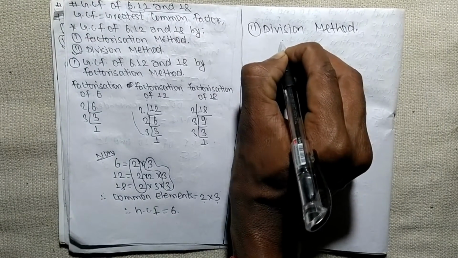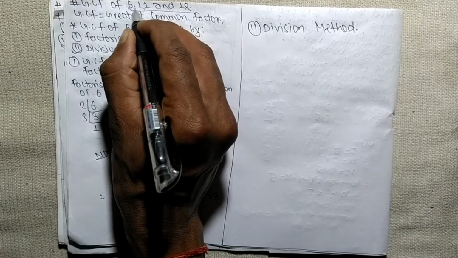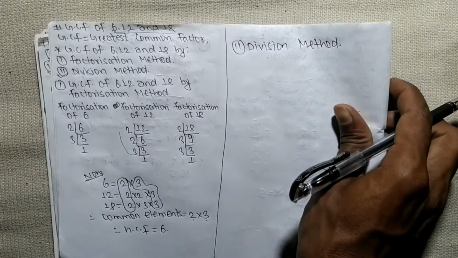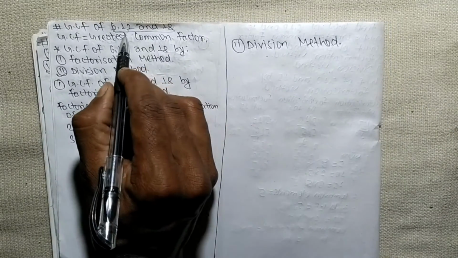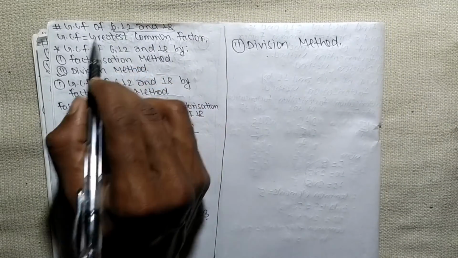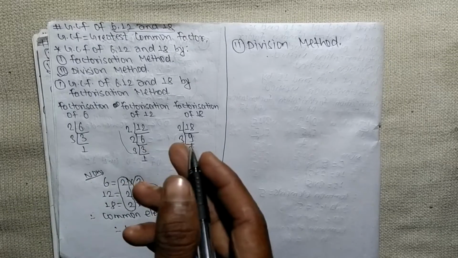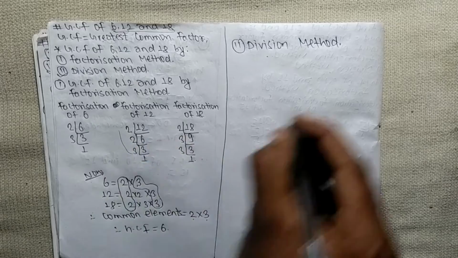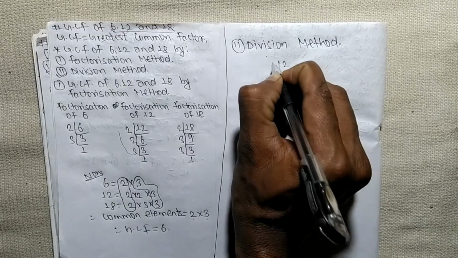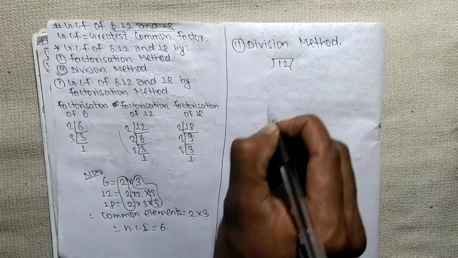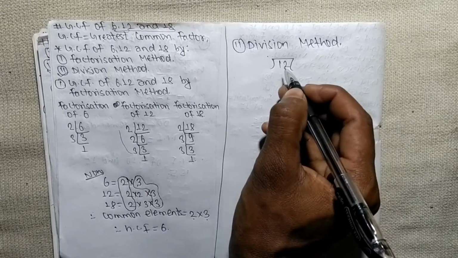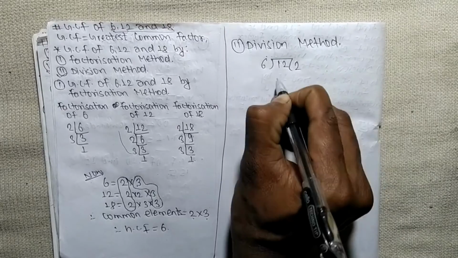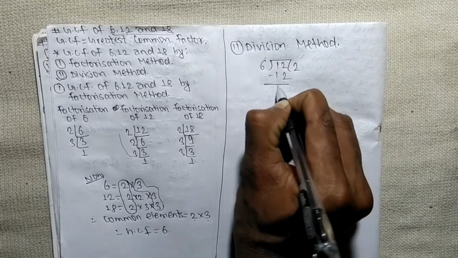Here 12 is the greater number and 6 is the lower number. While finding GCF, you have to divide the greater number by the lower number, which means you have to divide 12 by 6. So it is 6 times 2 means 12.